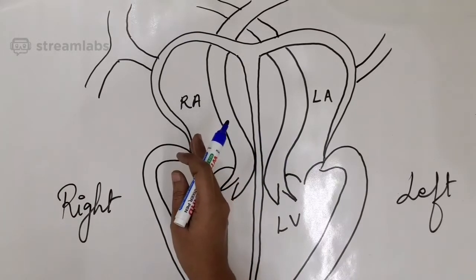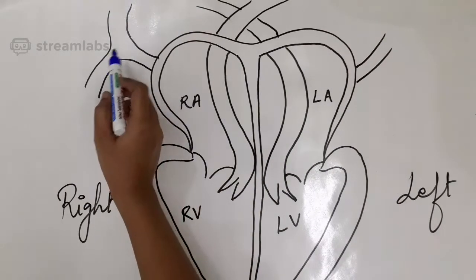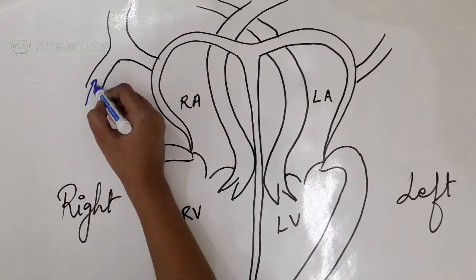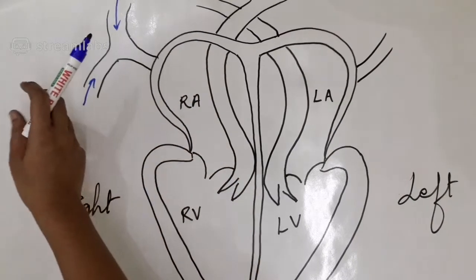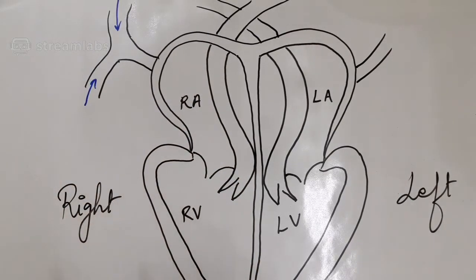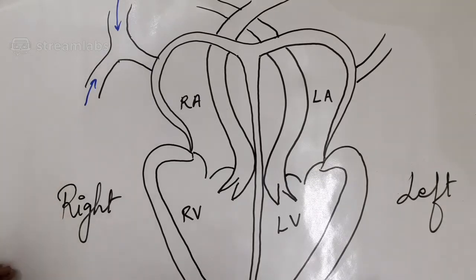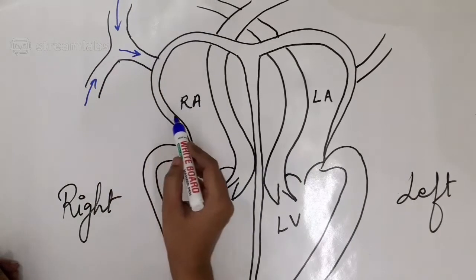The right side receives impure blood from different organs of the body through a vein known as the vena cava. The lower and upper vena cava receive the blood from the lower and upper body organs. And what kind of blood is this? This is impure blood.